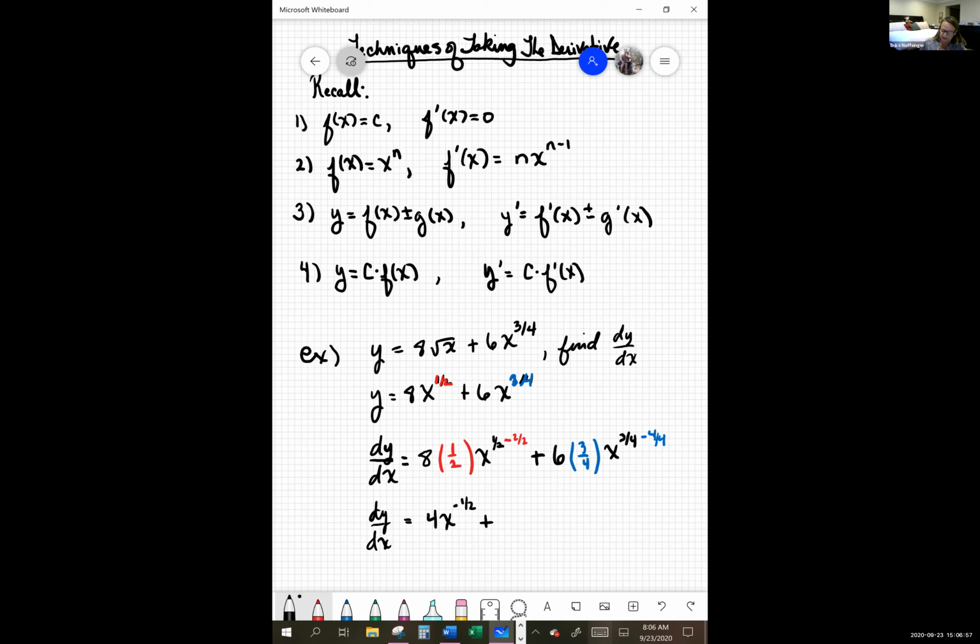So we can say, well, 2 goes into 6 3 times, and 2 goes into 4 twice. So that coefficient in front of the x left is 3 times 3, which is 9 for our numerator, all over just 2. x to the 3/4 minus 4/4 is a negative 1/4.